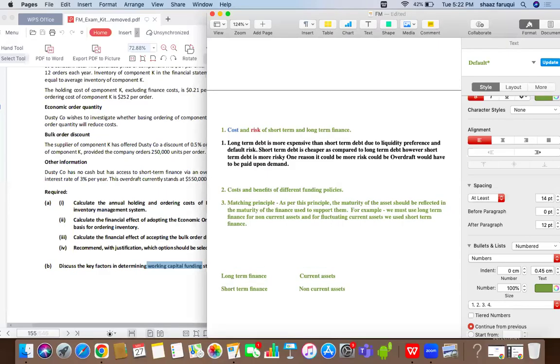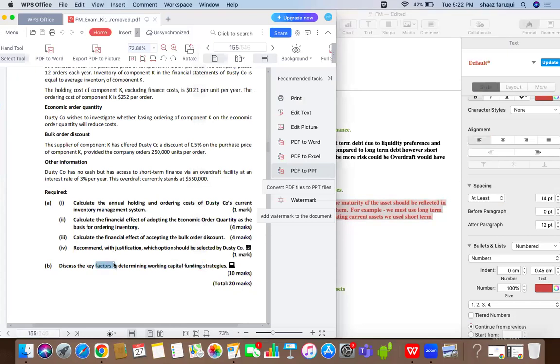Now you see, Anu, you have the answer. As you said, wide coverage, where you're not only saying what the matching principle is, but you're also elaborating it to the examiner as one of the factors that you need to keep in mind. Yes, you can also write about aggressive and conservative.